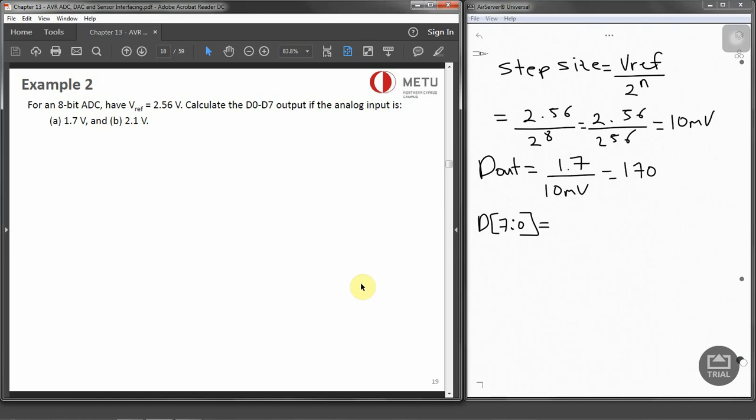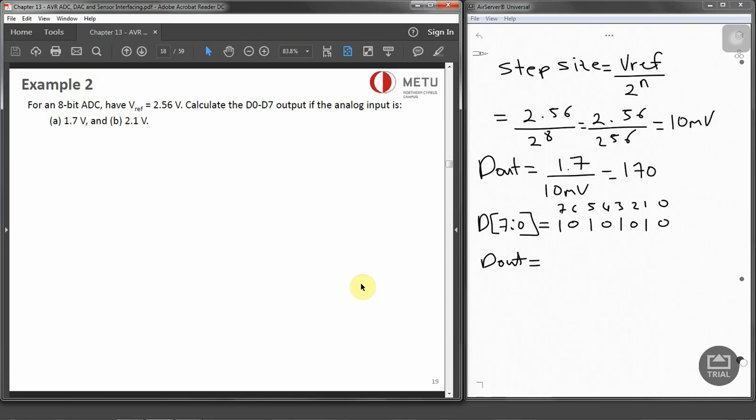We need 128. That will give us 170 minus 128, 42. Then we need 32, then 10 left. That means we need 8 and 2 over. So in the end we have got 1 0 1 0 1 0 1 0, which will give us 170 as a binary number.